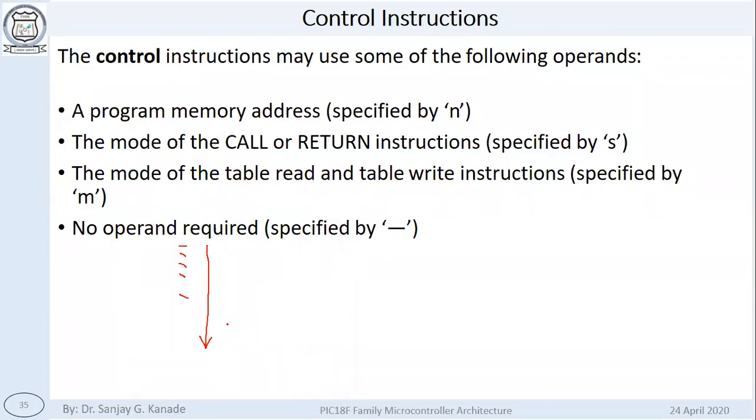However, if we want to change this sequence in some way, for example a loop, you have used some kind of looping instructions, for example jump. So let's say after this instruction I want to go back to here again, let's say 4 times.